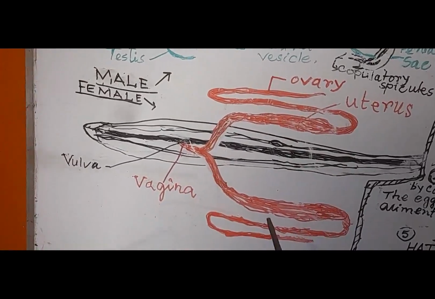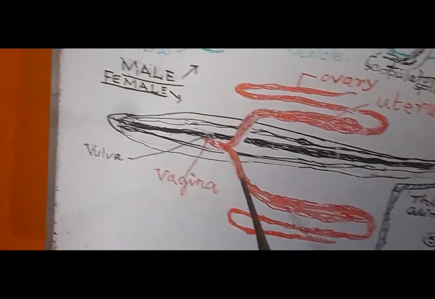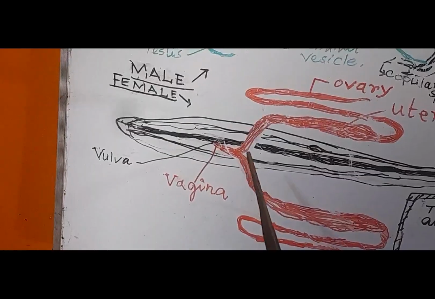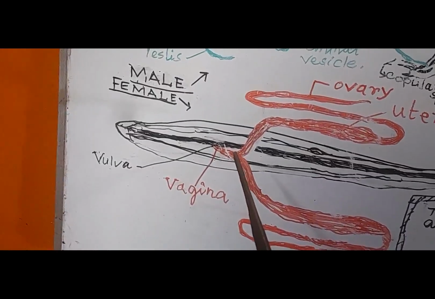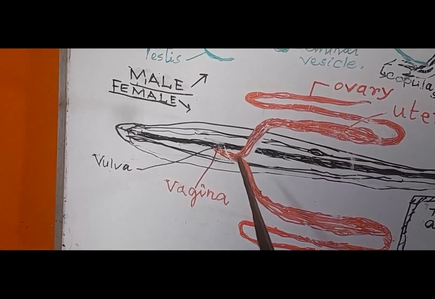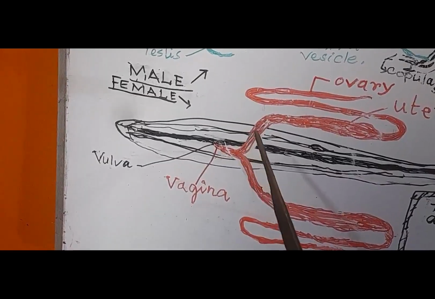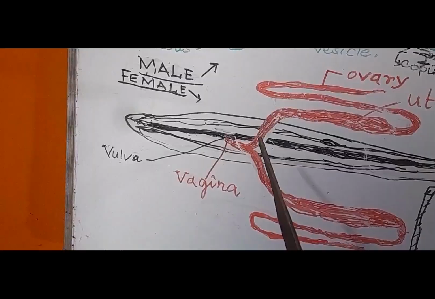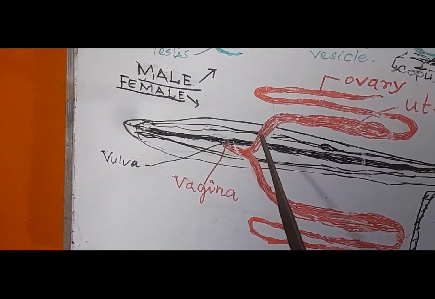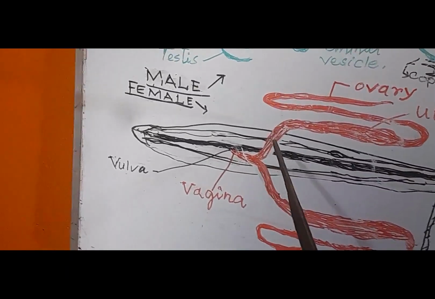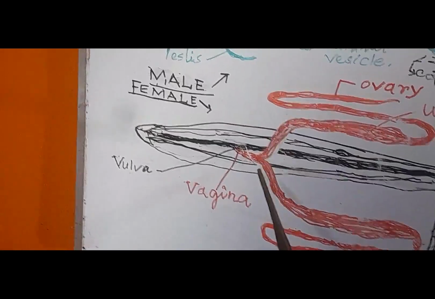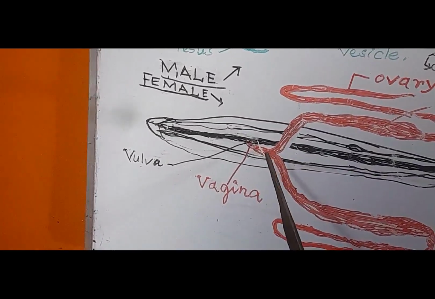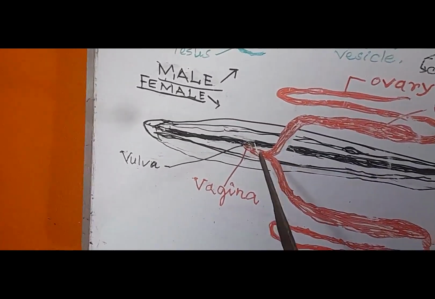Both uteri unite towards the anterior part, but just before the joining they are termed the seminal vesicle, and in this the semen is collected, and this is the female genital passage.